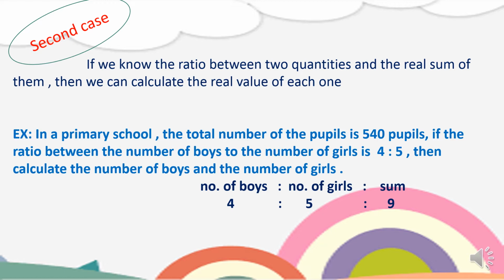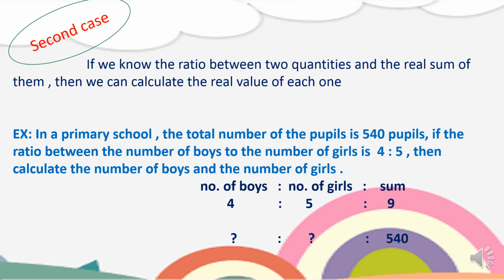I have the number of all the pupils, the total. So I get the total number of parts: 4 and 5 make 9. And I write under the sum of parts the real value of the sum, 540.